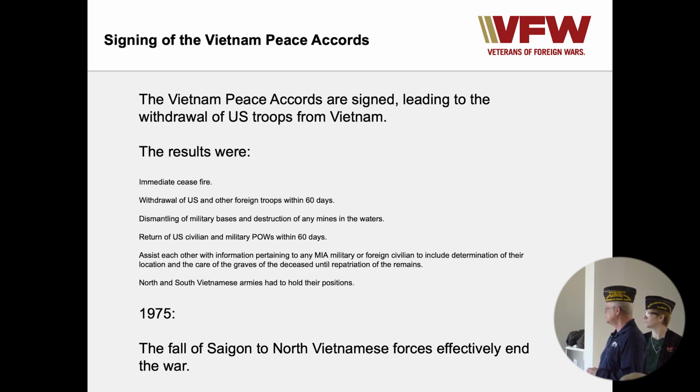It would also return U.S. civilian and military POWs within 60 days, and it would also assist each other with information pertaining to any MIA military or foreign civilians, to include determination of their location and the care of the graves of the deceased until repatriation of the remains. North and South Vietnamese armies had to hold their positions. But not until 1975 did the fall of Saigon to North Vietnamese forces effectively end the war.